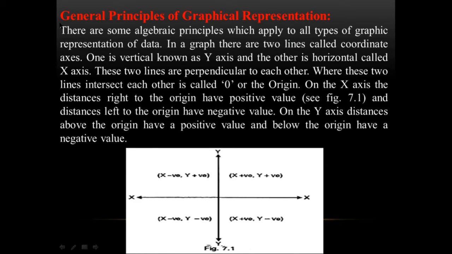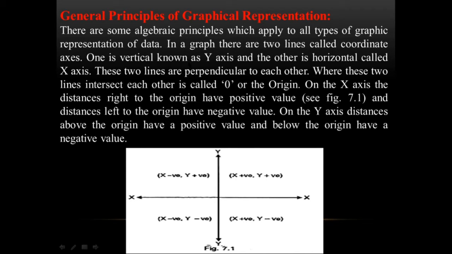Now we are going to learn the general principle of graphical representation of data. There are some algebraic principles which apply to all types of graphic representation of data. In a graph, there are two lines called coordinate axes.